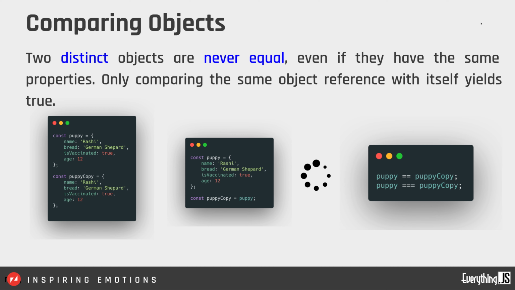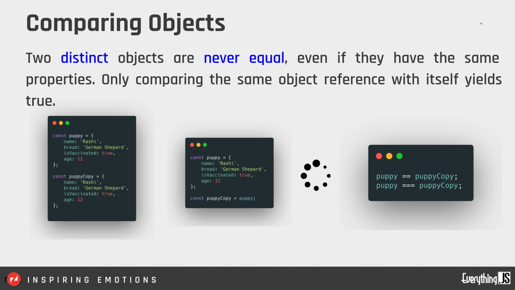In the second, the puppy object has a set of properties, and we assign it to another variable called puppy copy. In the third, we compare with triple equal and double equal. Don't think much about this syntax, it is just comparing. We will explain it in detail in a later session on operators.